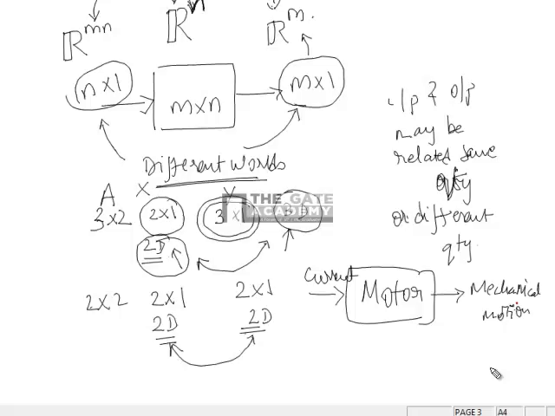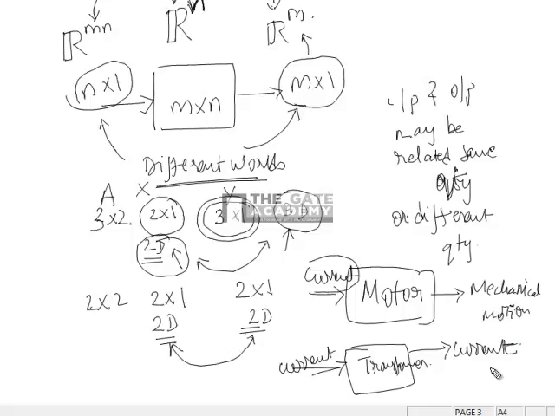Correct? Let me take the system as a transformer. In a transformer what happens? I give current. The output is also a current. Correct? Yes or no? So, the input and output may be, see here current is the input, mechanical motion is the output.